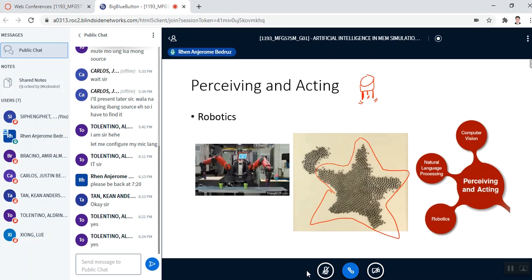So I have lots of robots and they try to reposition themselves to form a star. This is part of perceiving and acting. Perceiving means they know where they are, and acting, if they're not inside the star, they would act so that they could be part of that star.